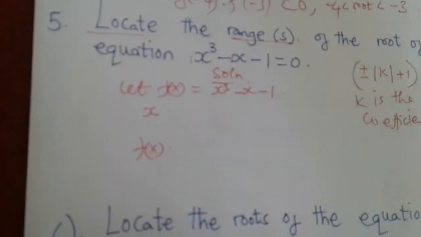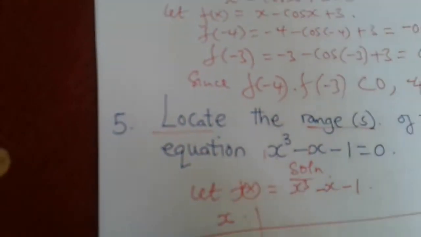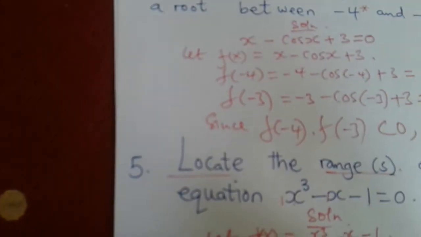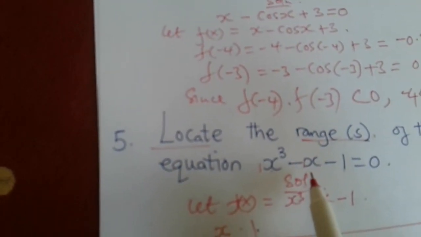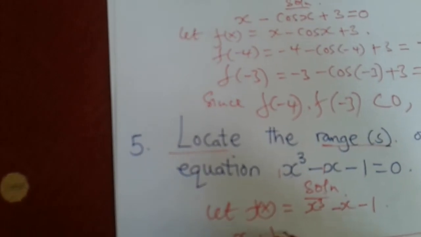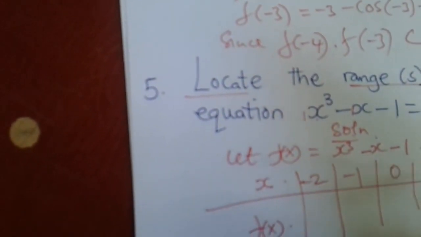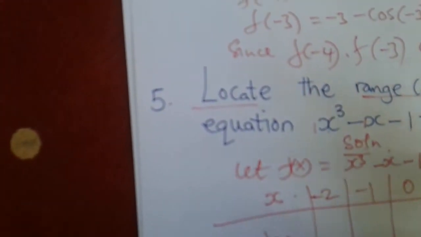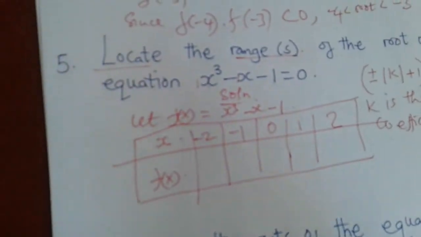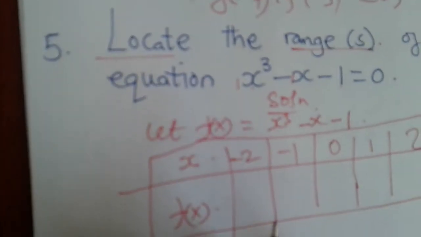Therefore, for this very question, since k is 1, we can start our range of values from negative 2, then negative 1, then 0, then 1, then 2. This will be able to show whether we have a range, ranges, or values of the root.